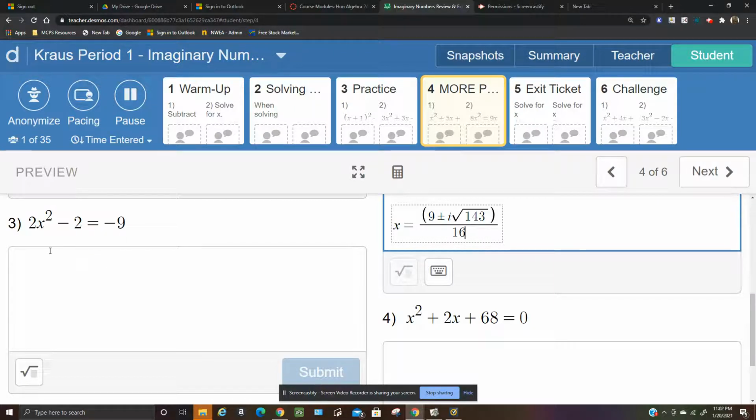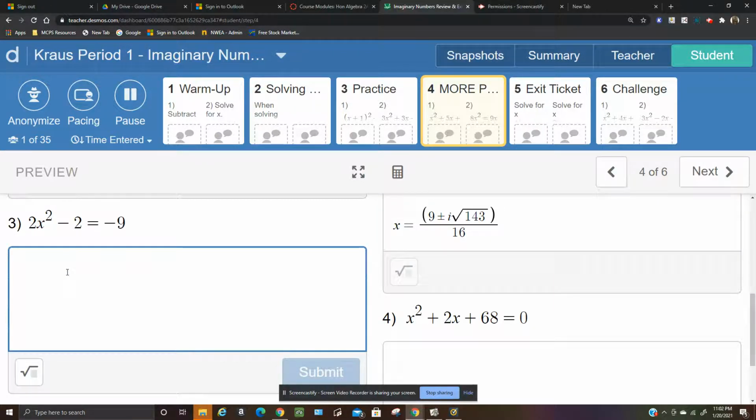This one here, you can do the square root. Same as one of the other problems on the previous activity again. So 2x squared, add 2 to both sides, and divide by 2.